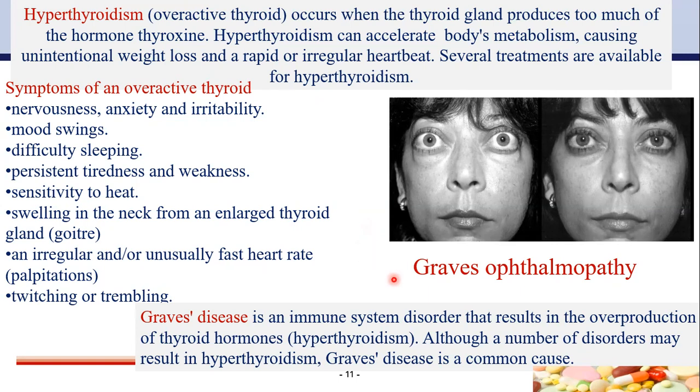Okay, and hyperthyroidism, also called Graves' disease, is an immune system disorder that results in the overproduction of thyroid hormones. Also, a number of disorders may result in hyperthyroidism, but Graves' disease is the common cause.